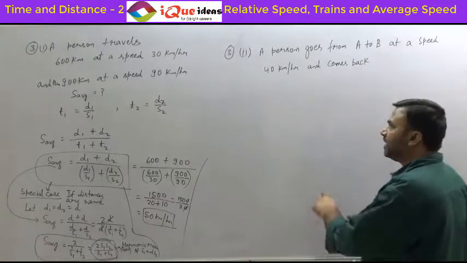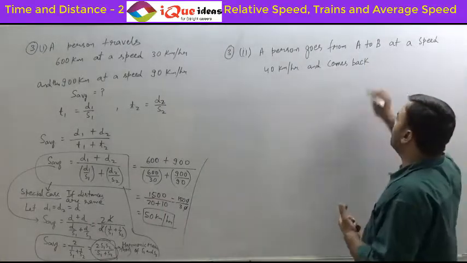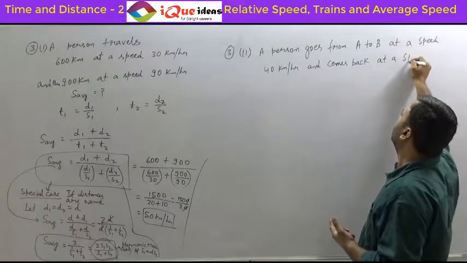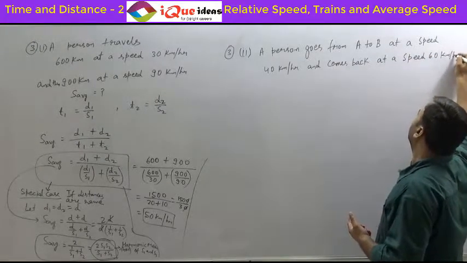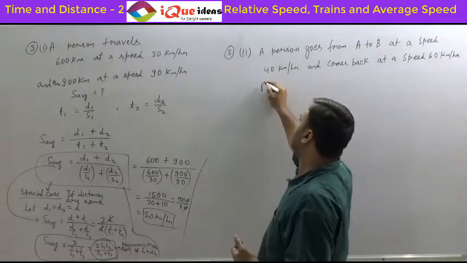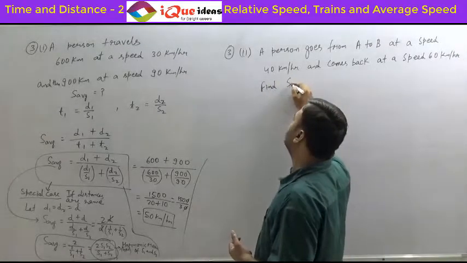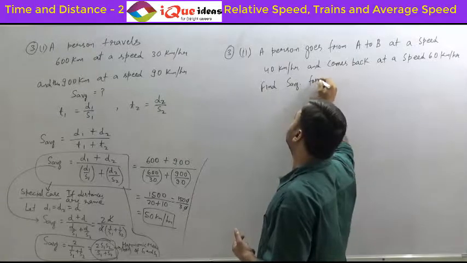So comes back automatically means from B to A by default. Comes back at a speed of 60 kilometers per hour. Find average speed for his entire journey.